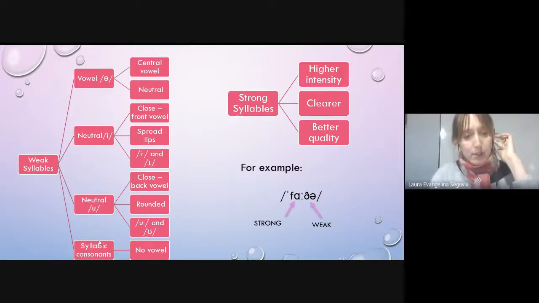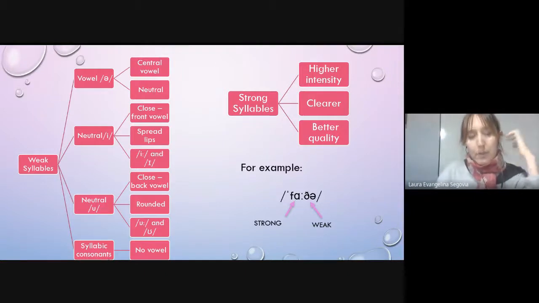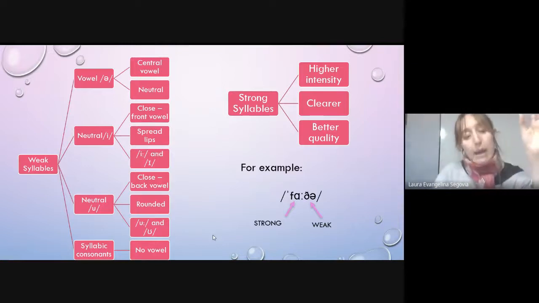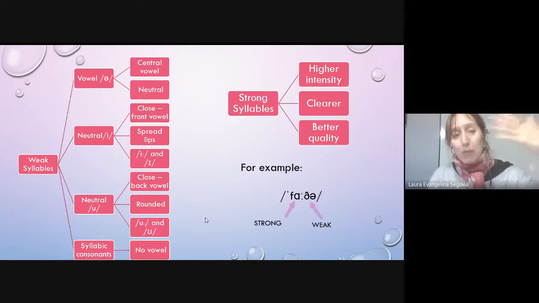The fourth characteristic is the syllabic consonant. The syllabic consonant is all the consonants that don't have a vowel as a center. Be careful, because we are not talking about a cluster. I am talking about a syllable in which there was supposed to be a vowel.